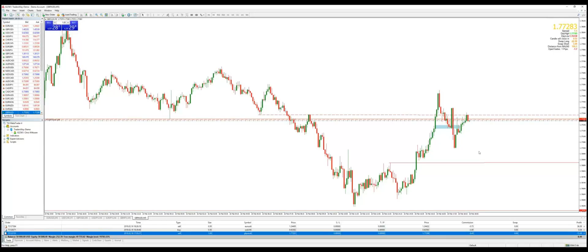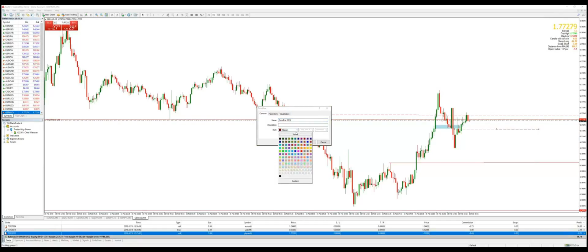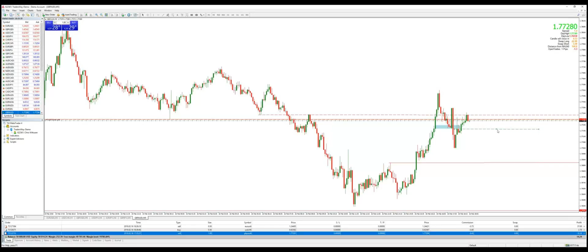And this turns down. We definitely want to see a break below this one. Break below this is going to make us feel real good. And see, there is a bearish order block right there.